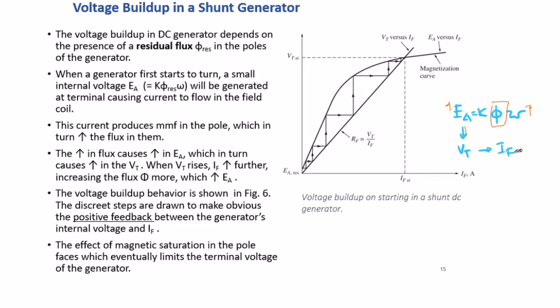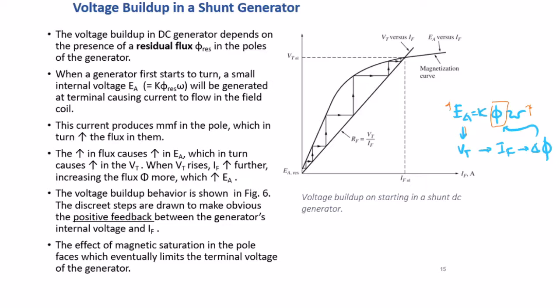And the presence of field current will generate additional flux, if you like, delta flux, that will add onto the initial flux, i.e. the flux in the system will be increased.